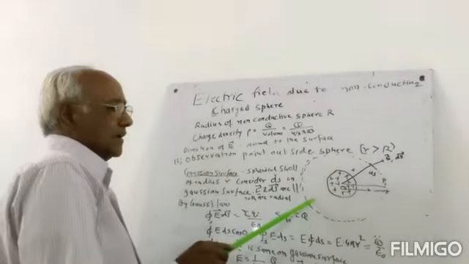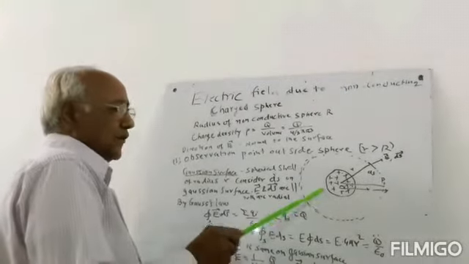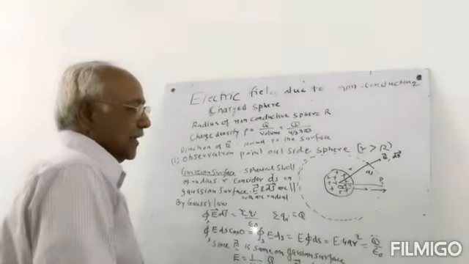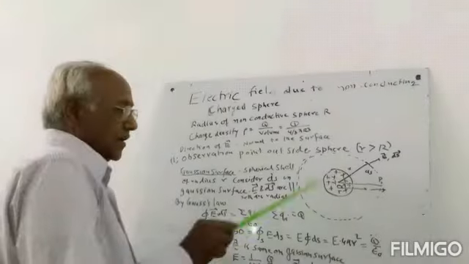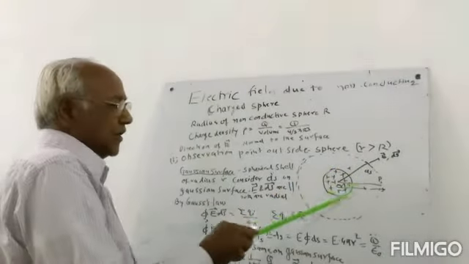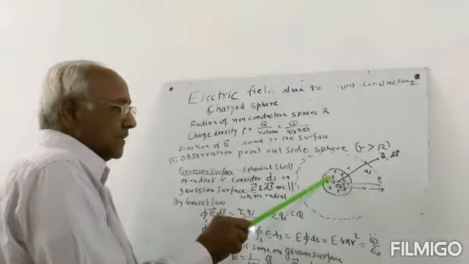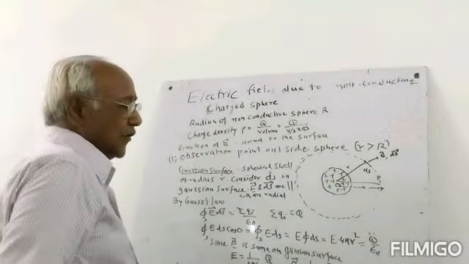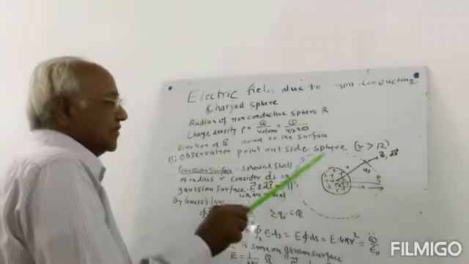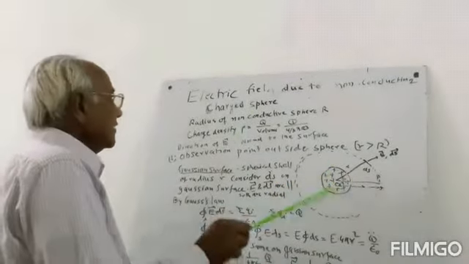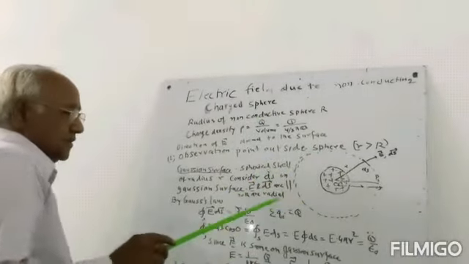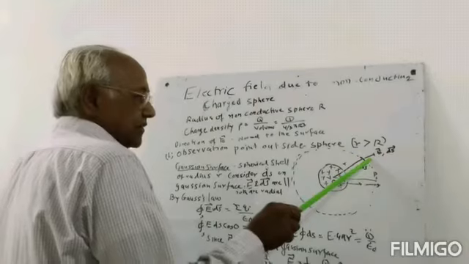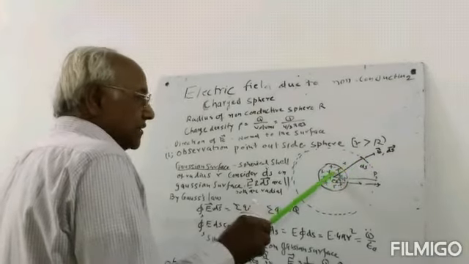Now we will consider the fourth case when the sphere is non-conducting. When the sphere is non-conducting, the charge is distributed uniformly inside it. So what will be the electrical field? We can find electrical field outside, on the surface and inside.